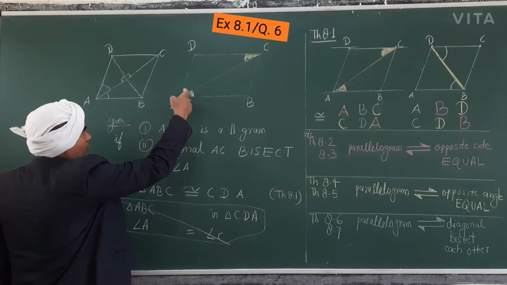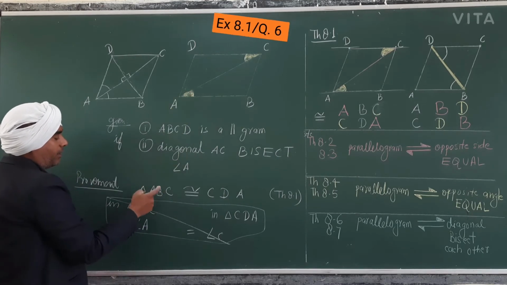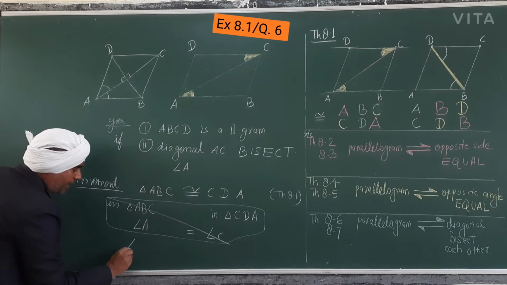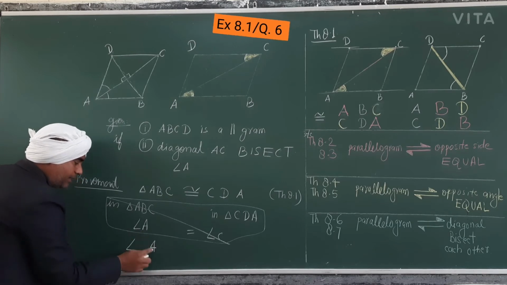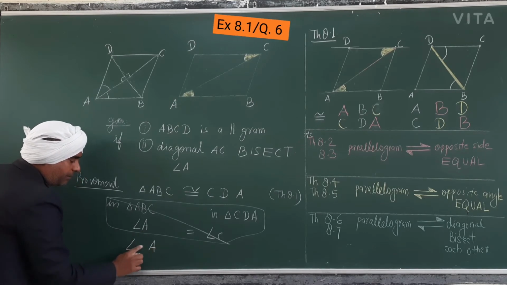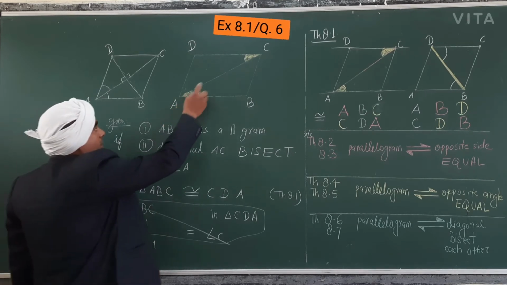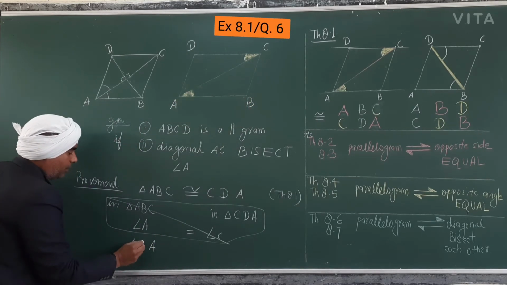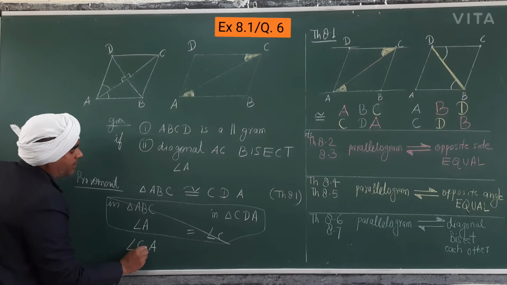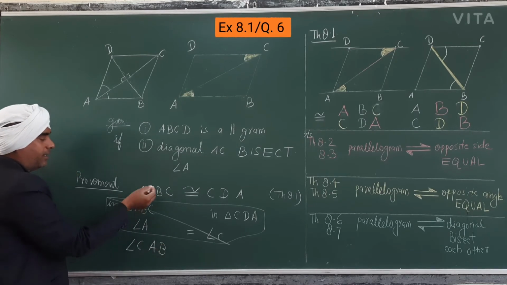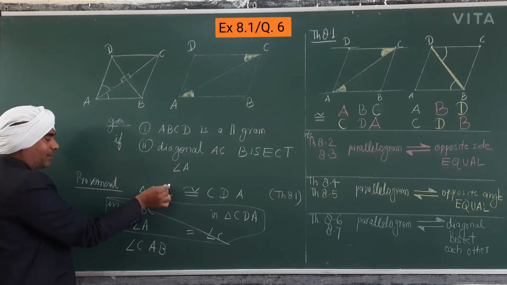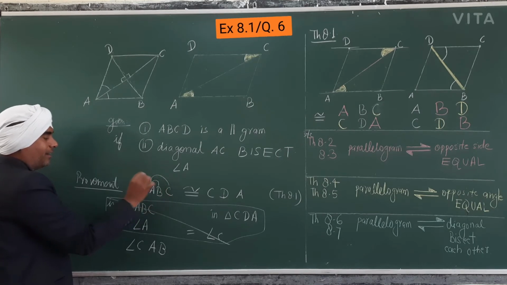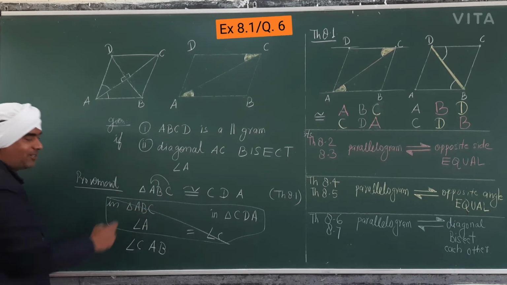You have to write A in the middle, no? So I will write angle A in the middle, and I have to write something here and something here. So you can write CAB or BAC, both. So let me write here CAB. What I have selected? Third, first and second. This is not a part of your question.